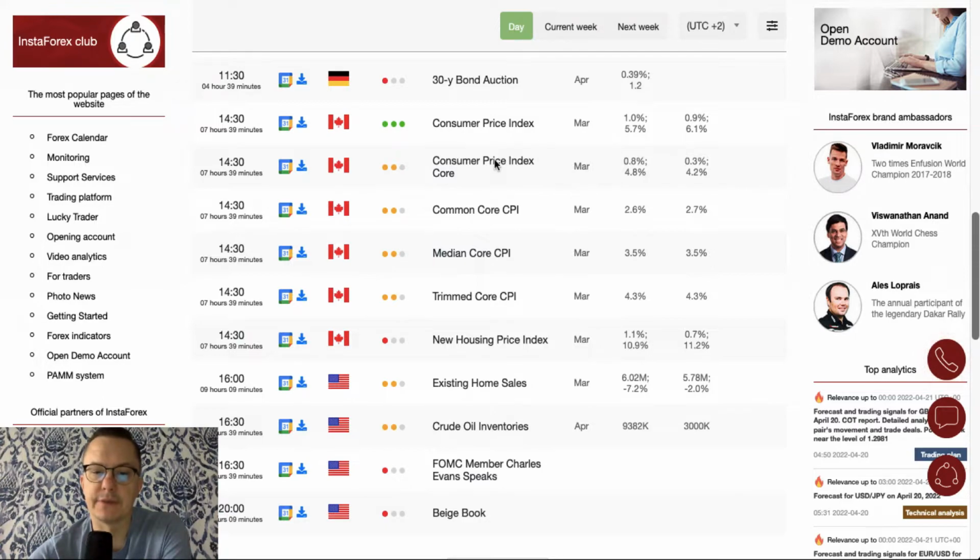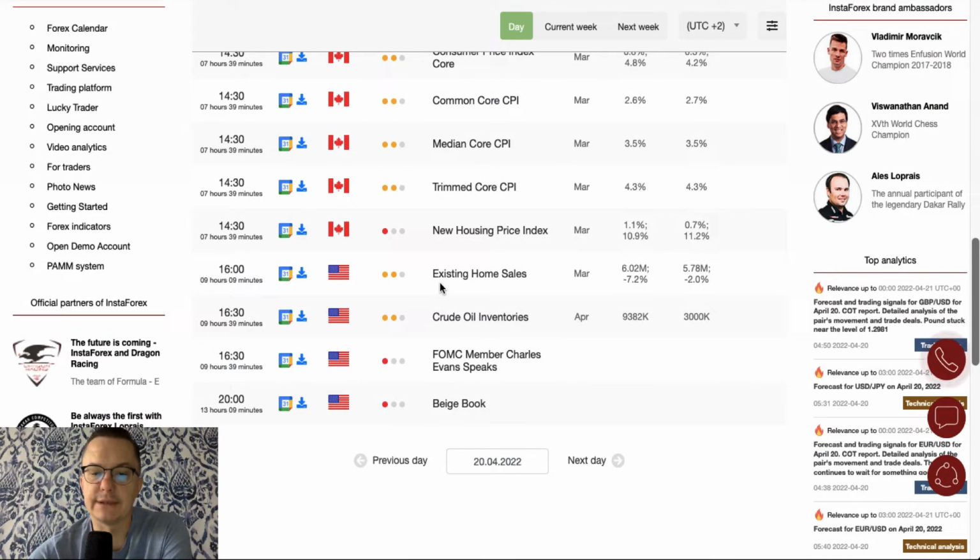From the US we got the housing markets data, existing home sales, and of course the crude oil inventories. The crude oil inventories should decrease from 9,382 to 3 million barrels.